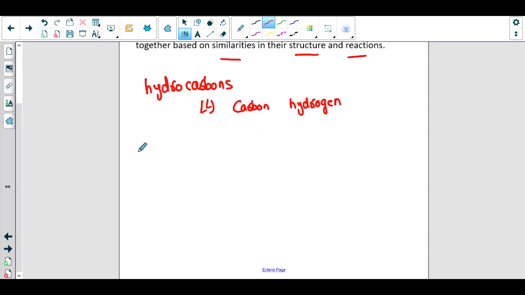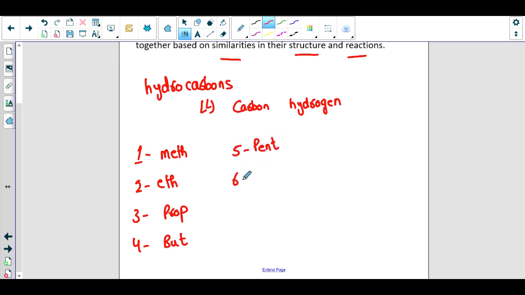For example, if you have one carbon, we say this is meth. If it is two carbons, we say it is eth. 3, we call it prop. When you have 4, we call it but. When it is 5, we call it pent. When it is 6, it is called hex. When it is 7, it is called hept.